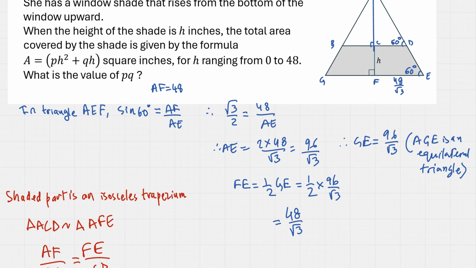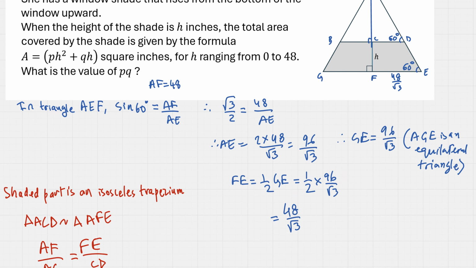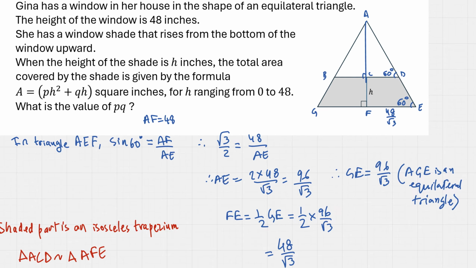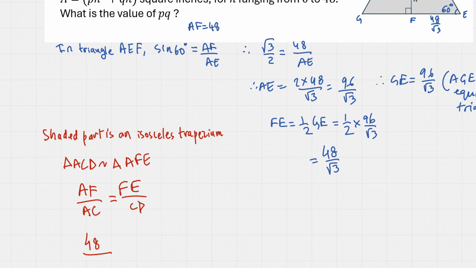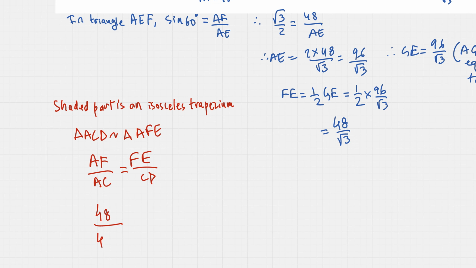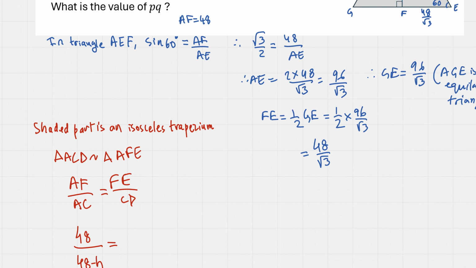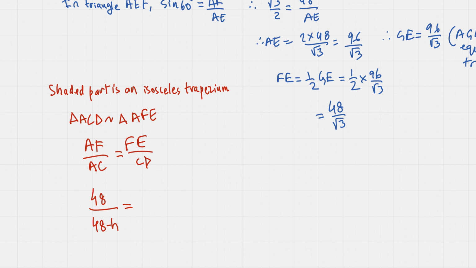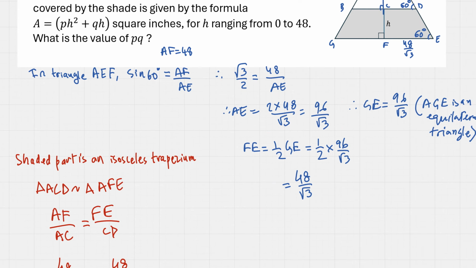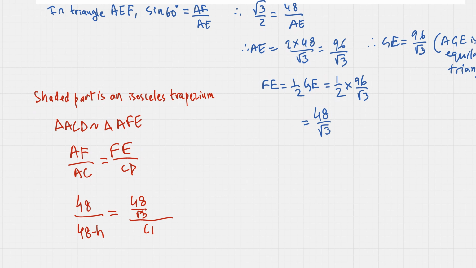AC would be 48 minus h, and FE is 48 over root 3, over CD, which is what we need to find.